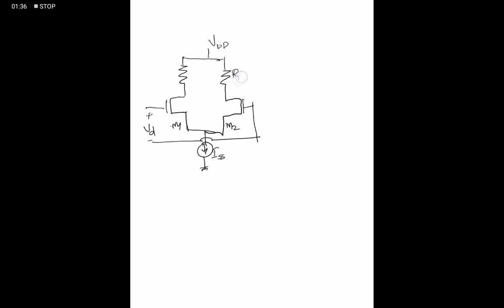If these two resistors are RD and the two MOSFETs are identical with transconductance GM, then we found that the gain of the amplifier AV equals minus GM into RD.